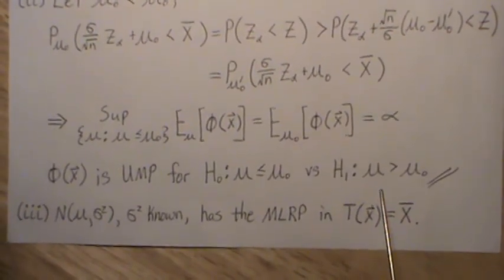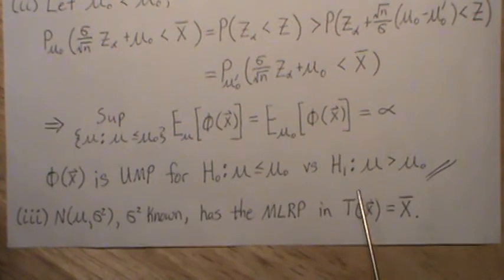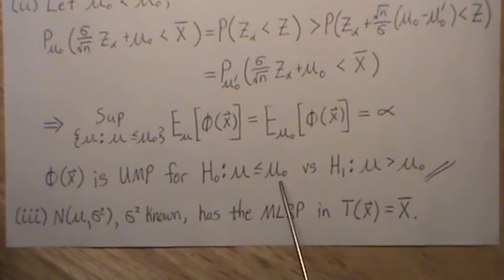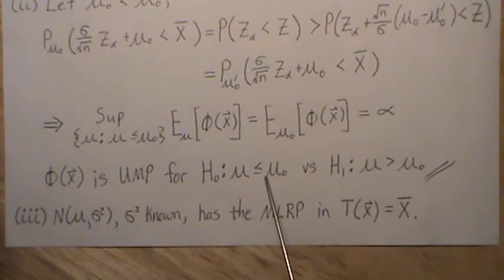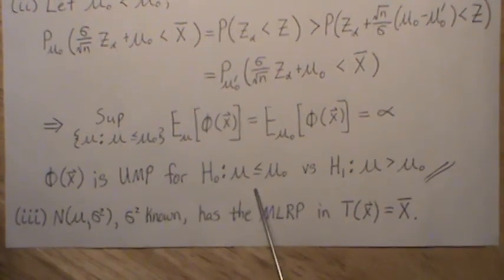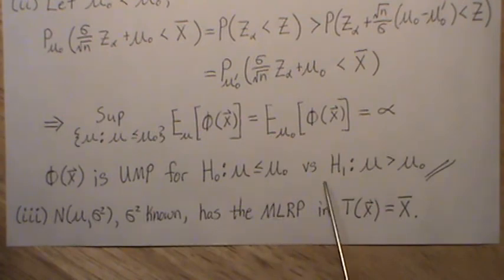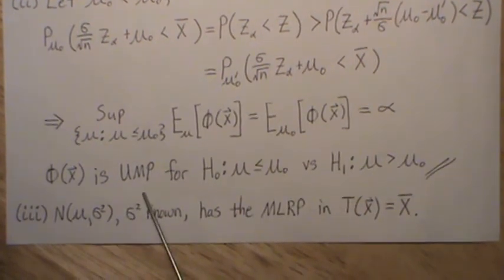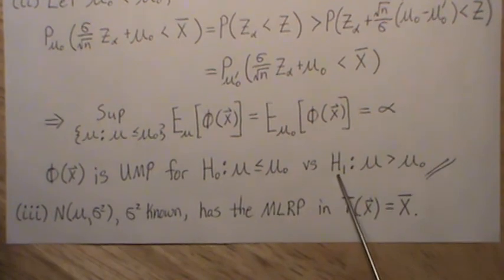Now, to be quite frank, we didn't quite prove this, and this is just an illustration that if we use this test, we can conduct a size alpha test, which appears to be most powerful. There are some subtleties that we'll prove in the theorem in the next video that prove it's the uniformly most powerful, but this is just a quick illustration.